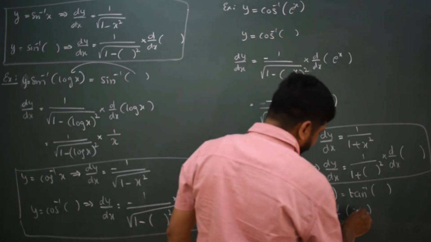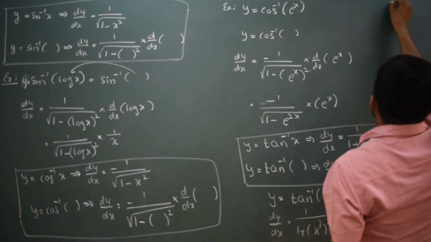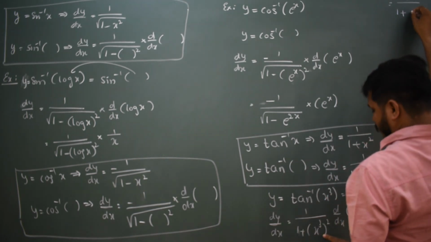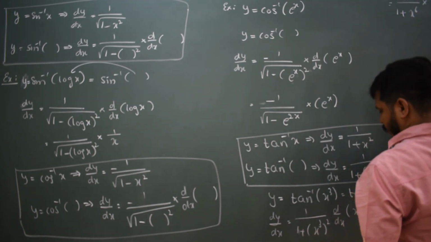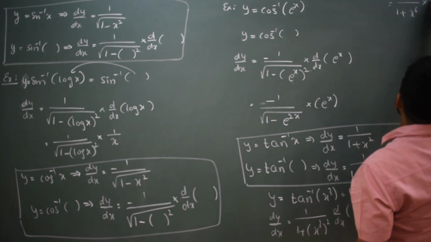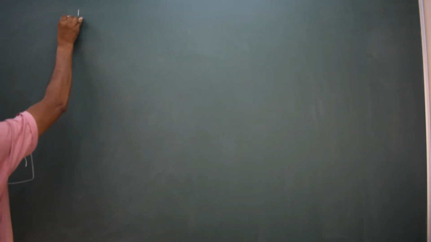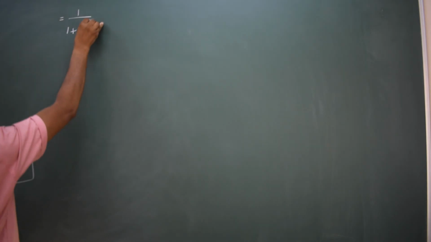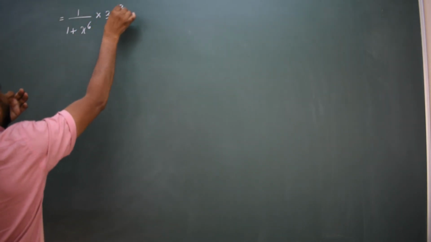That is equal to 1 by 1 plus x cube the square, that is a raised to m raised to n is a raised to m into n, x raised to 6, into differentiation of x cube, which is 3x square.